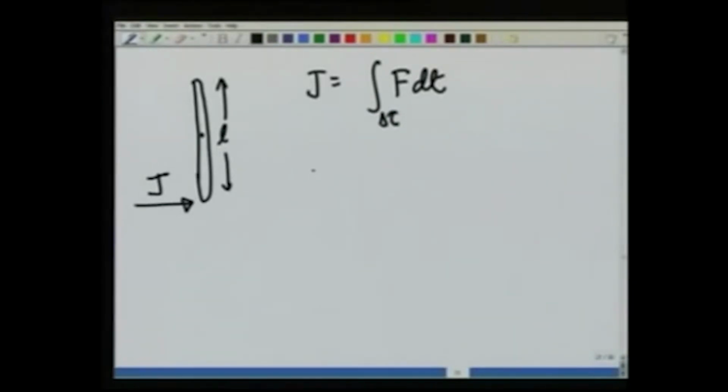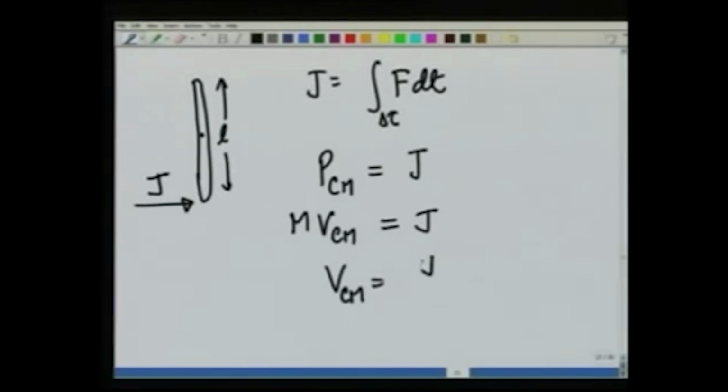By the momentum equation, the momentum gained by the rod should be equal to P_CM equals J, and therefore m v_CM should be equal to J. So after the rod is hit, its center of mass should move with this velocity.